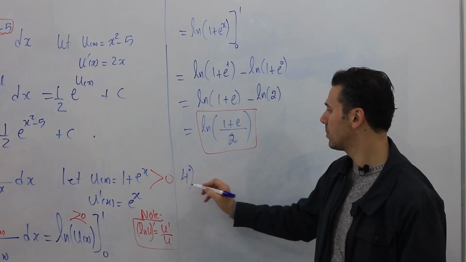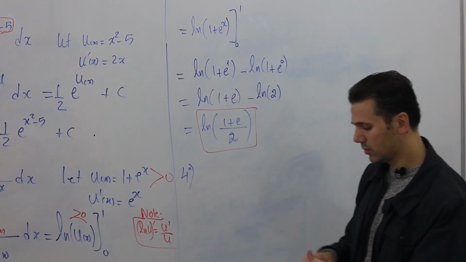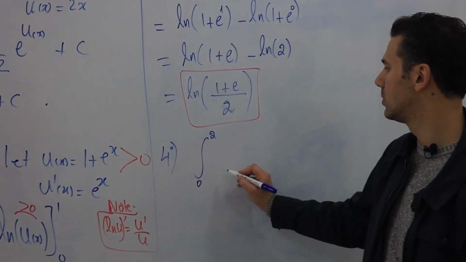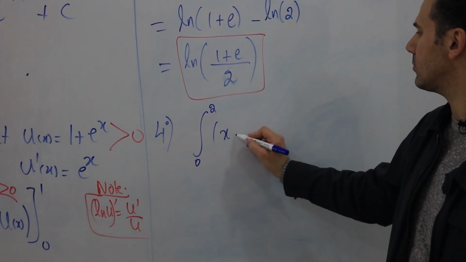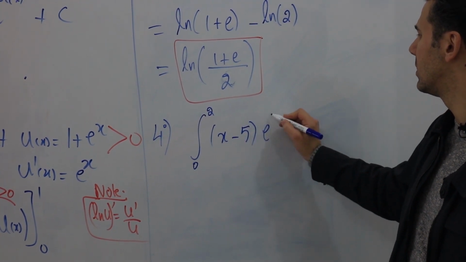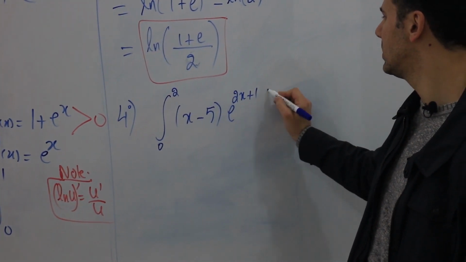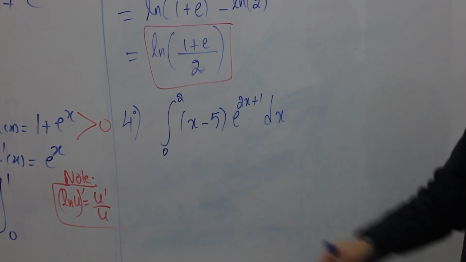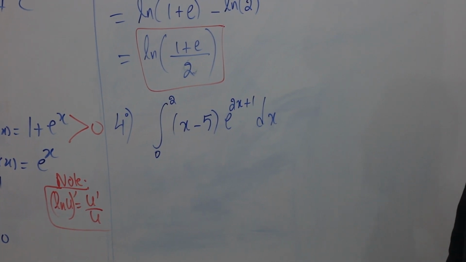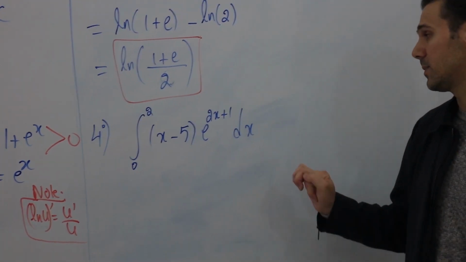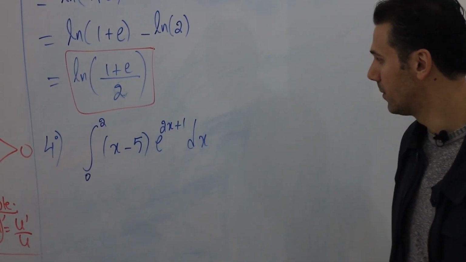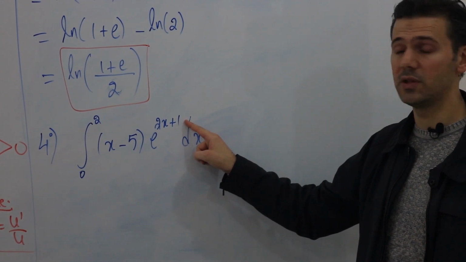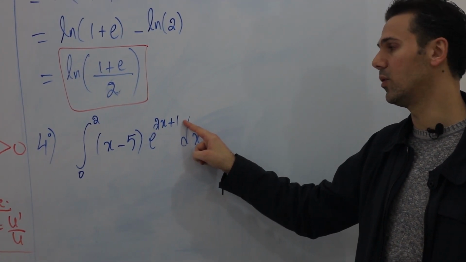The last example I would like to do with you is the integration from 0 to 2 of (x − 5) e^(2x+1) dx. Be careful about this example. If you try to calculate it using the previous idea, if you think about 2x + 1 as u, the derivative of 2x + 1 will be 2.